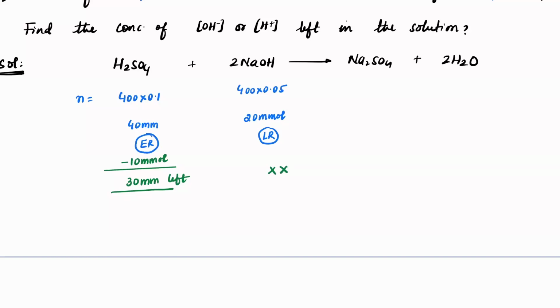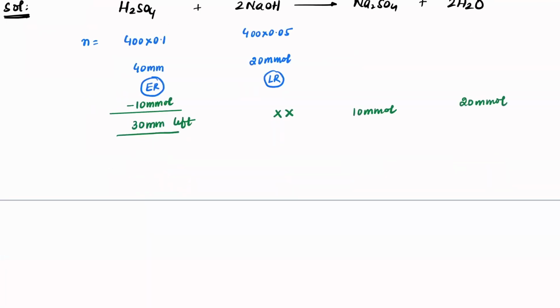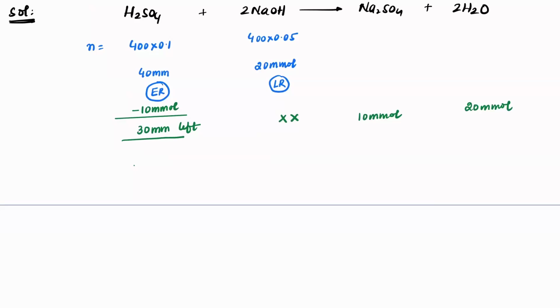And now for every 2 moles, 1 mole of Na2SO4 is formed. So for 20 millimoles, 10 millimoles will be formed. So 10 millimoles of Na2SO4 will be formed and 20 millimoles of H2O will be formed. And now notice the H2SO4 which is left over. You know that H2SO4, because it's a strong acid, will get completely ionized into 2H plus and SO4 2 minus.